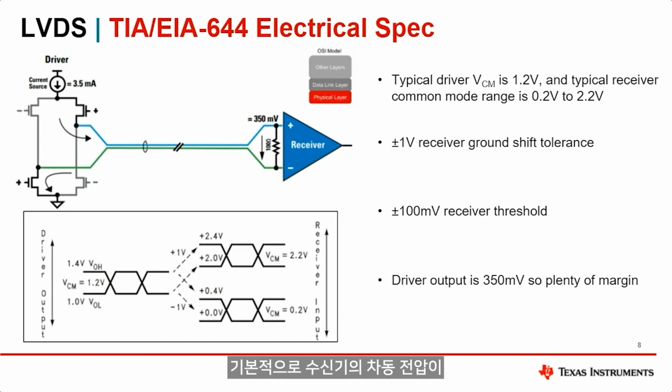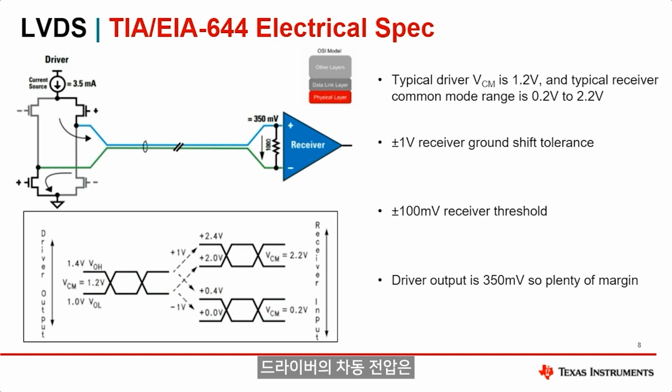Essentially what this means is if your differential voltage at the receiver is greater than 100 millivolts, then it'll result in a logic high output. And if the signal is less than a negative 100 millivolts, there will be a logic low on the output.